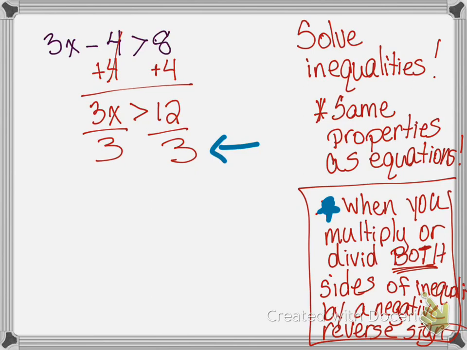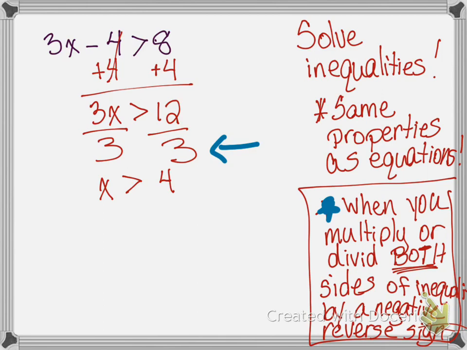When I divide both sides by a negative or I multiply both sides by a negative, that's when I reverse the inequality sign. So in this one right here, I do not reverse it. Okay? So I divide by 3 and I get x is greater than 4.